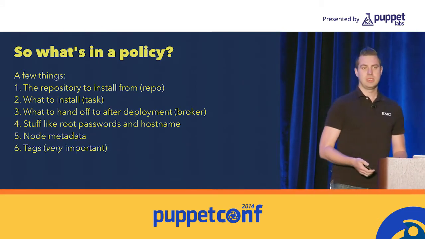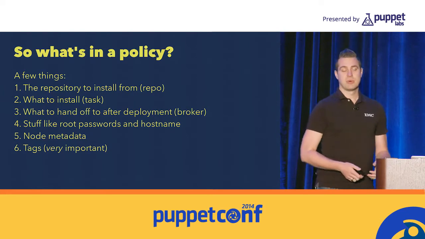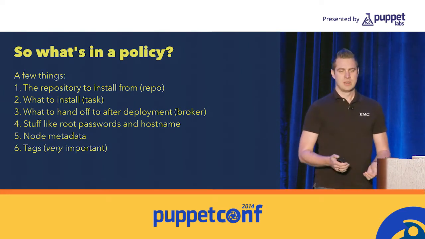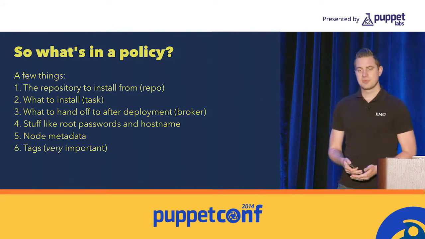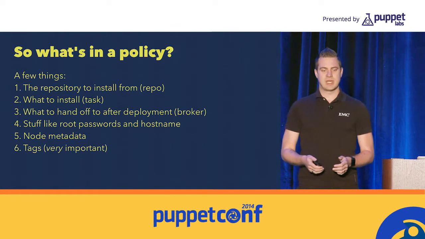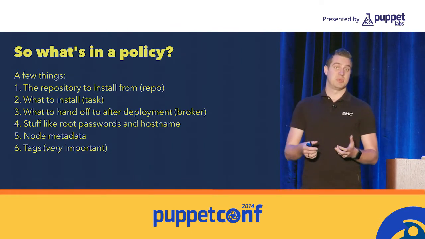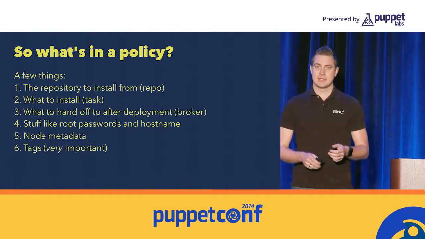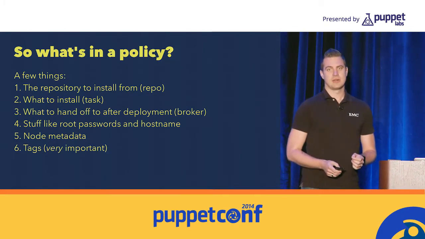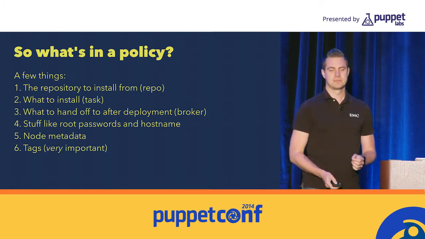A broker could be Puppet, could be Chef, or the no-op broker if we don't want to hand off to anything. We also add in things like root passwords and host names if we need to. We can also add in node metadata, which could be pretty much anything, and tags, which are very important, and I'll show you why they are important in just a bit as well.